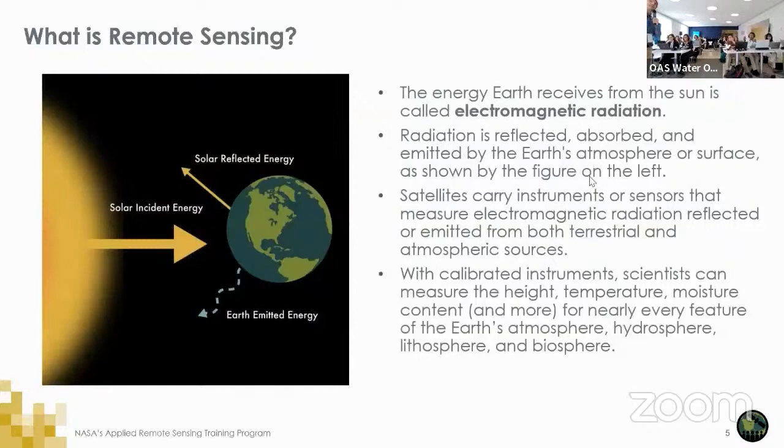So again, it's either radiation coming from space, it's either reflected, it's absorbed, and it's also emitted.